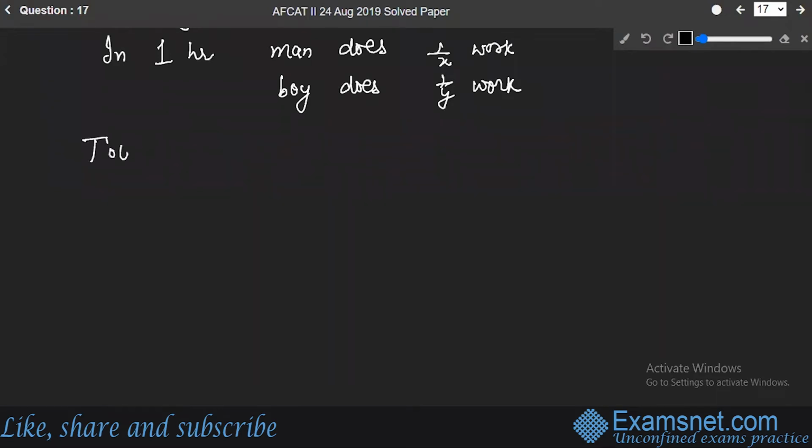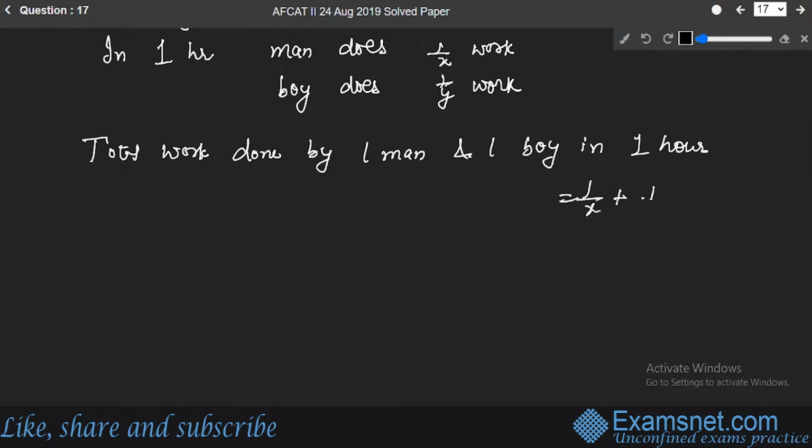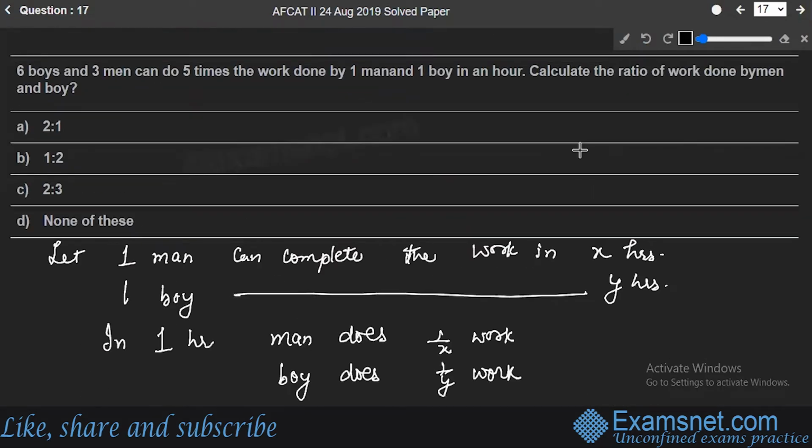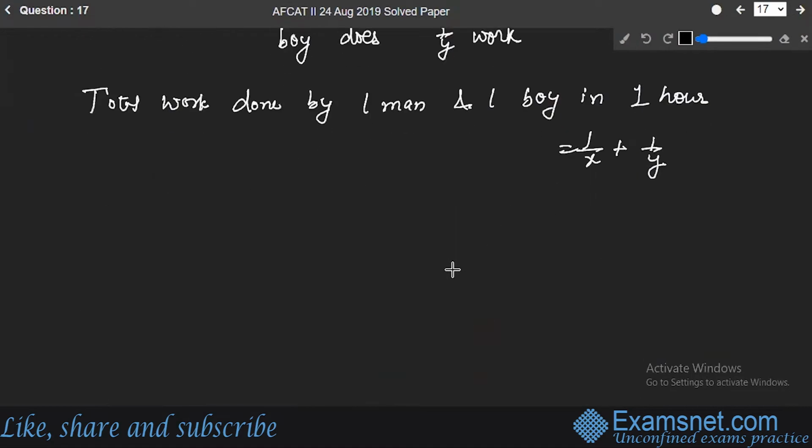So total work done by 1 man and 1 boy in 1 hour is equal to 1 upon X plus 1 upon Y. Now the question was, there were 3 men and 6 boys.